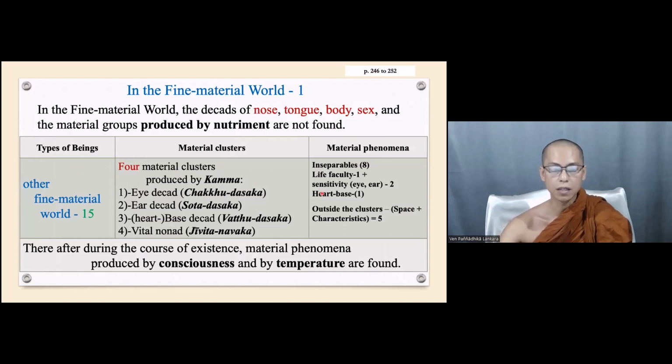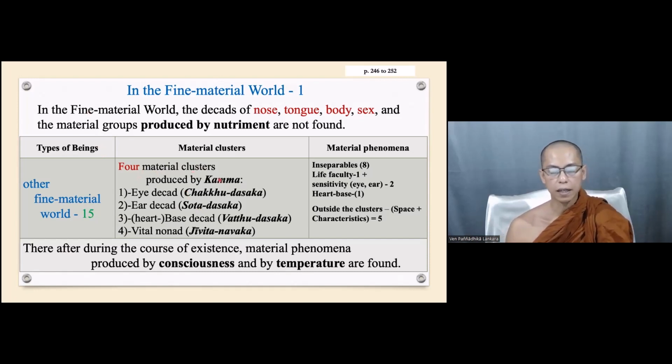course of existence. So first of all, we will focus on the second group of the 15 fine-material worlds, except the asanyasata, the non-percipients. So at the moment of rebirth linking, consciousness of the five material pure Brahma, the four material clusters are produced by kamma.